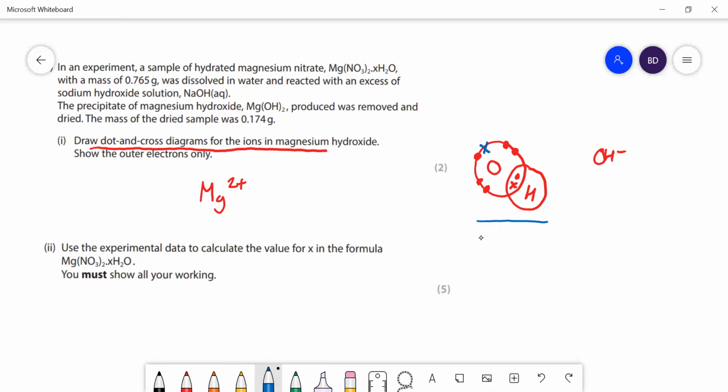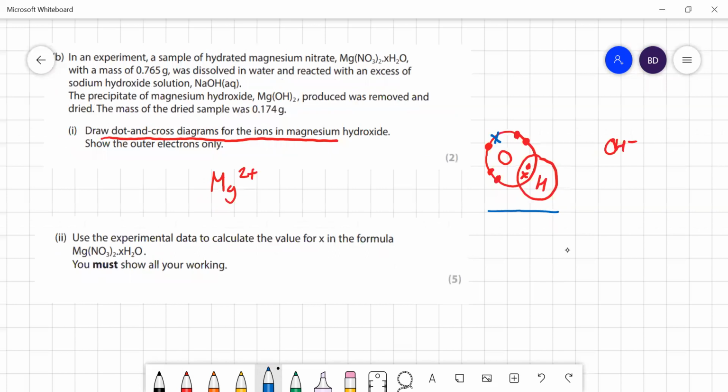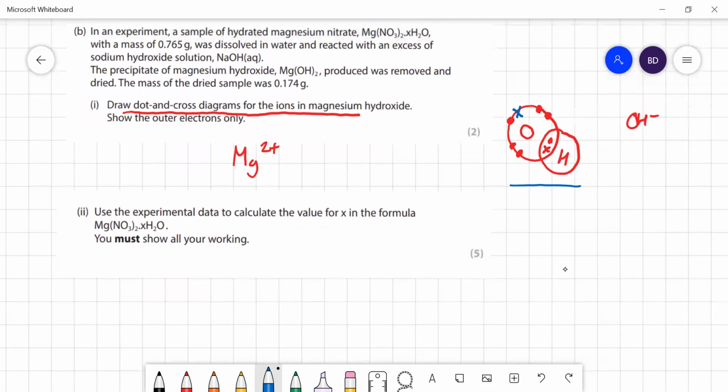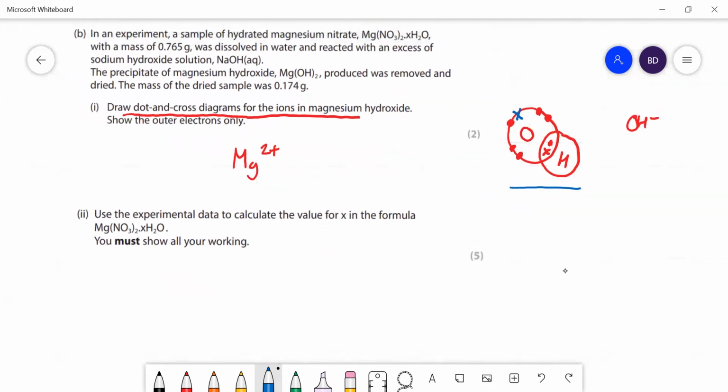Now we've got to use the experimental data to calculate the value of X in the formula of magnesium nitrate, the hydrated version. What I like to do here is, the approach is, we want to find out the MR of this thing.